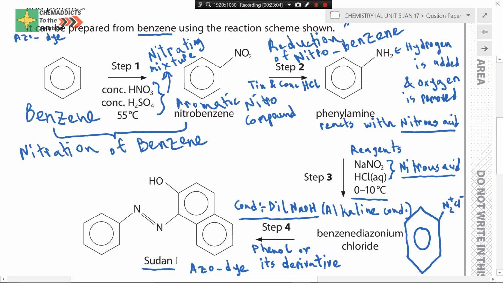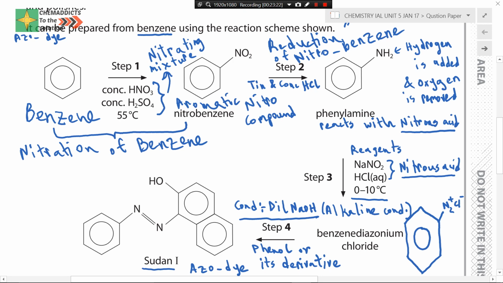In step 2, we want to prepare phenylamine, which is an aromatic amine.